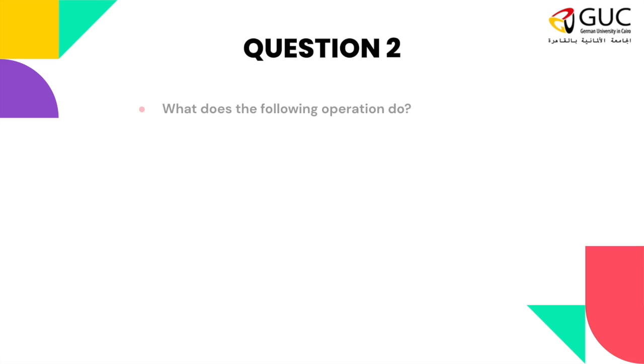And let's see our first question in the second part. What does the following operation do? I have here var equals var ORed with 0x80. Let me tell you something very important before actually solving this question, because a lot of your colleagues last year failed to realize it.